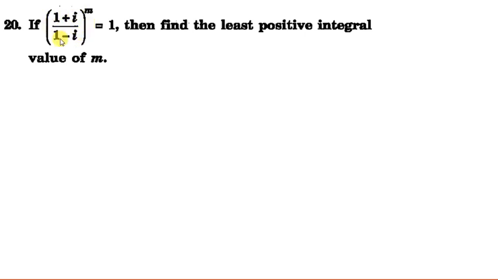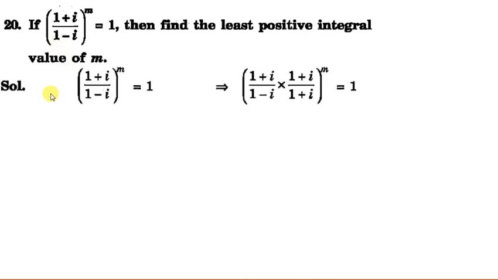Here we have a complex number in the denominator, so by multiplying with its conjugate we can rationalize it. So we can write it as multiplied by (1 plus i) upon (1 plus i), which is the conjugate of 1 minus i.